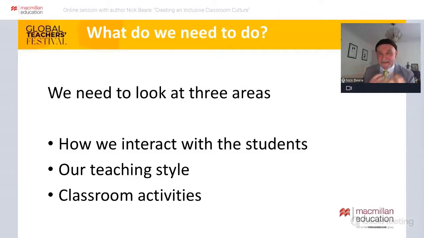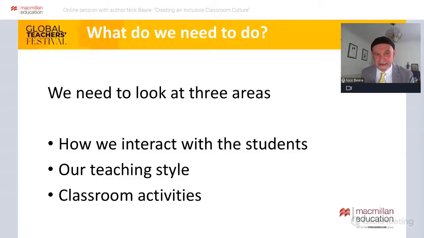The way we act with them, even if we're not teaching, we might just be talking to them. Our teaching style, when we're actually using the activities in the class, how do we handle them? And also the actual classroom activities, what they are supposed to do and how we can get the students to get the most out of them.